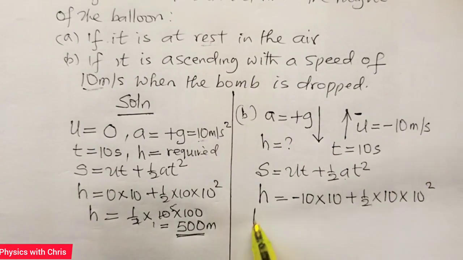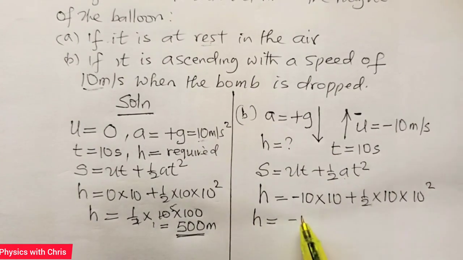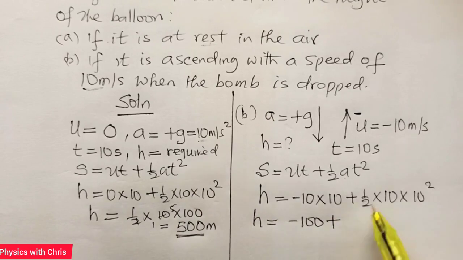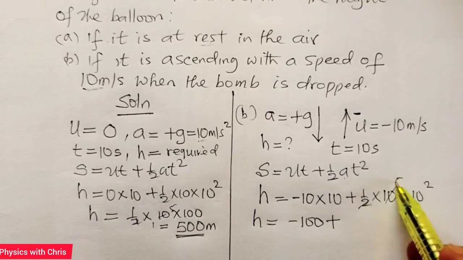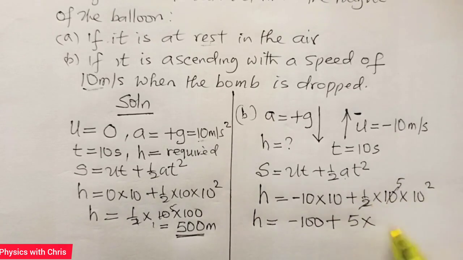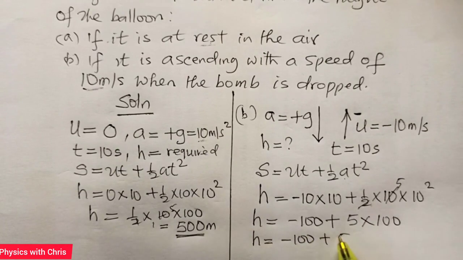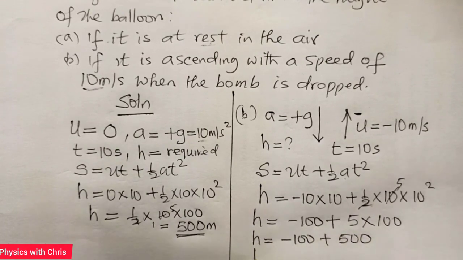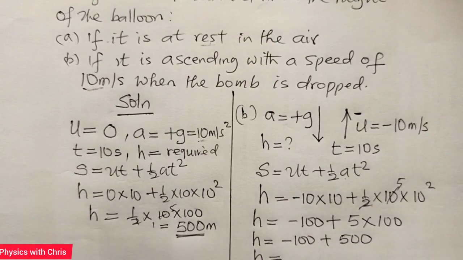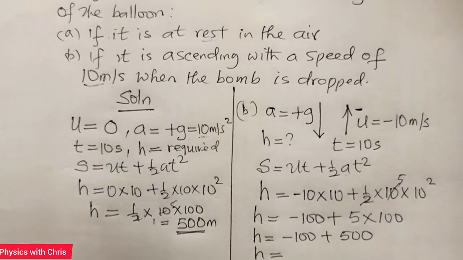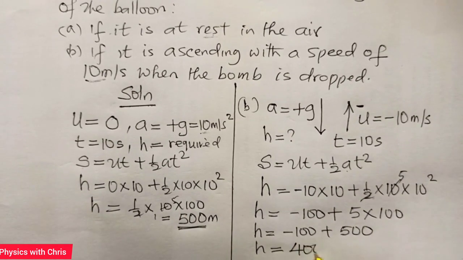That gives me the height of the balloon equals minus 100 plus, this is 2 here, 5 times 10 squared, which is 100. That gives me h equals minus 100 plus 500. So the height of the balloon at the point where the bomb was dropped is 400 meters.